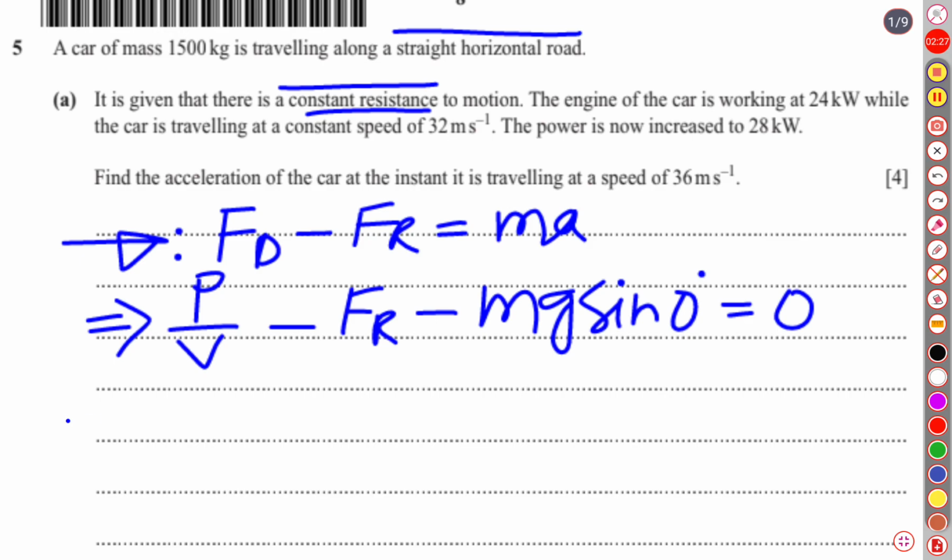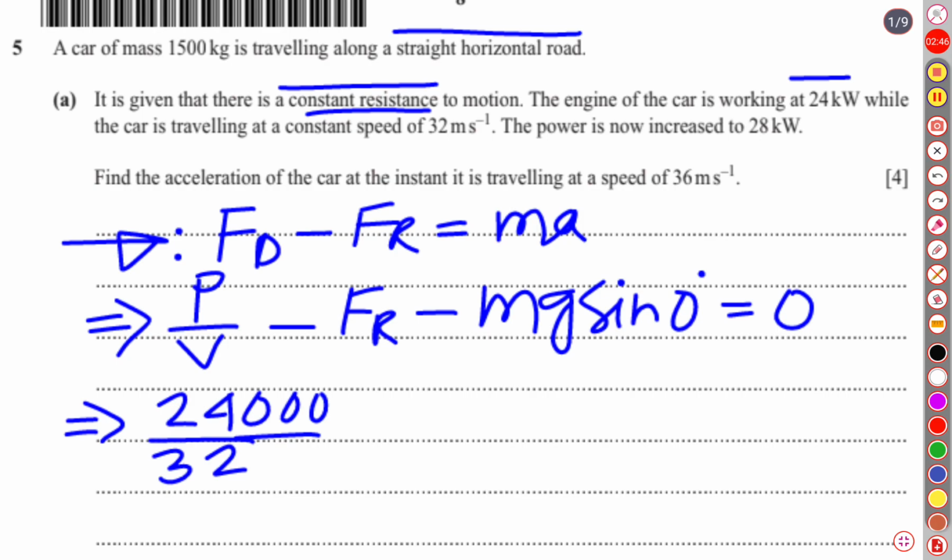Well, and what is the power given? First, 24 kilowatt. So let us write 24 kilowatt over velocity. Velocity was 32. 24 kilowatt means 24,000, minus our resistance to motion, and sine 0 is 0, that's why it is 0.